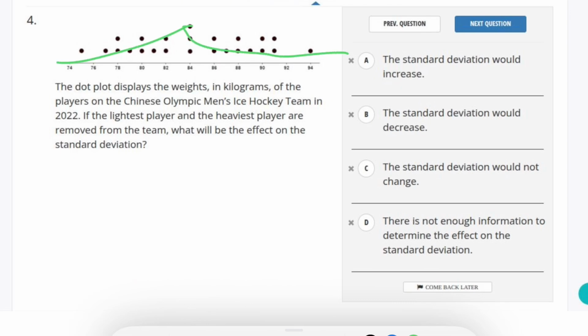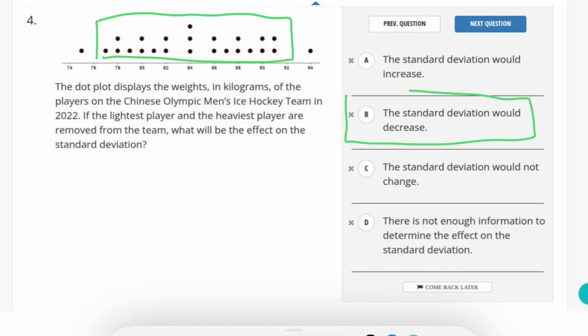Here our standard deviation is pretty spread out, so you don't even have to do any calculations. Once you take out these two data points, we are left with a smaller standard deviation. So our standard deviation will decrease, B.